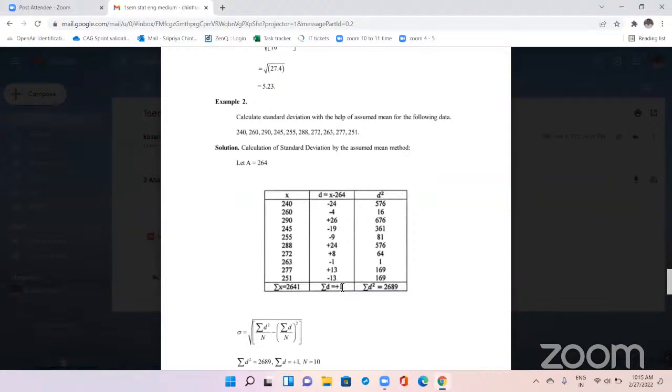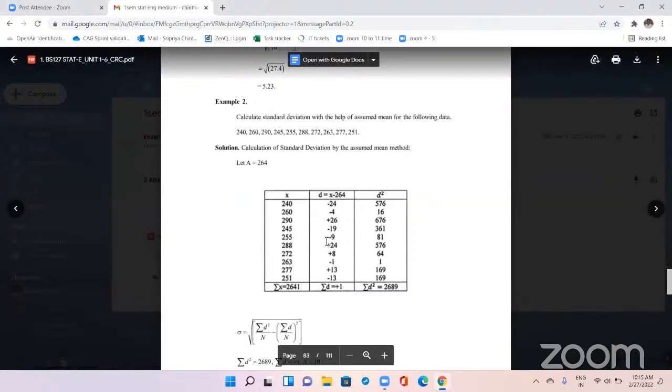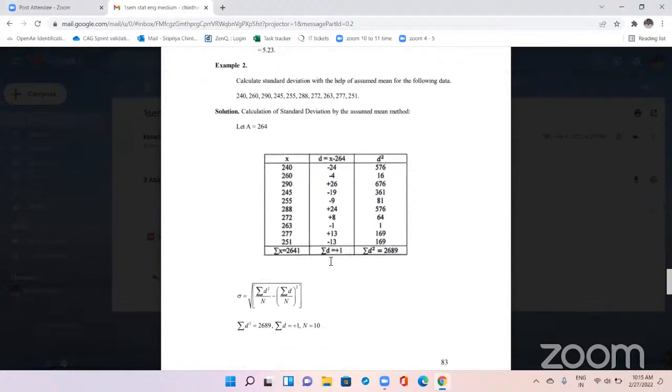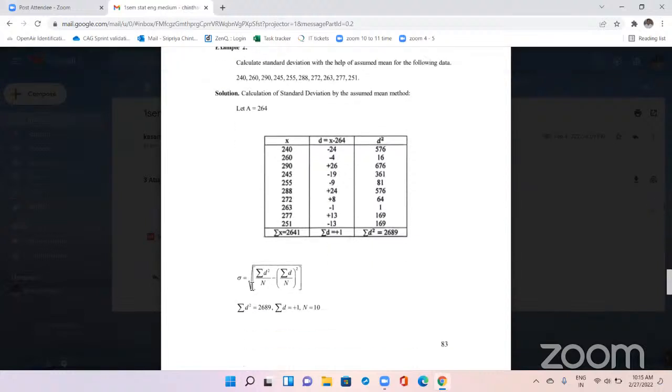Sigma d is equal to plus 1. So definitely you should have the sigma d value. So you should write the d column, and the second column also, definitely. Why? Because here sigma is equal to under root of sigma d square by small n minus (sigma d by small n) whole square.